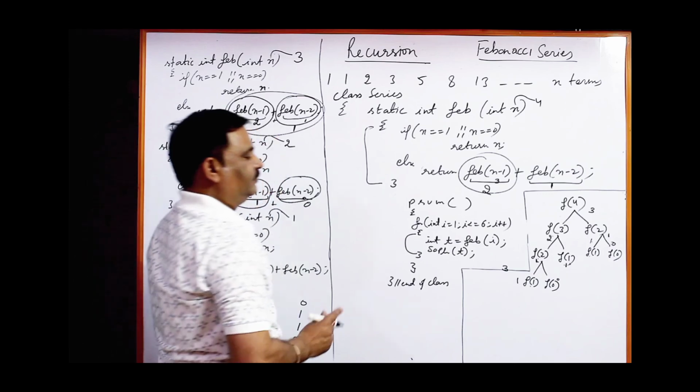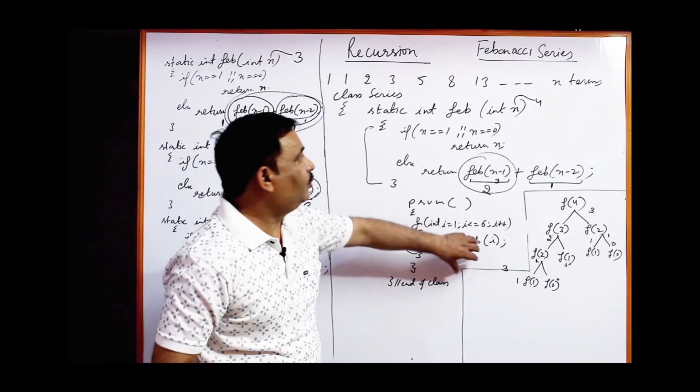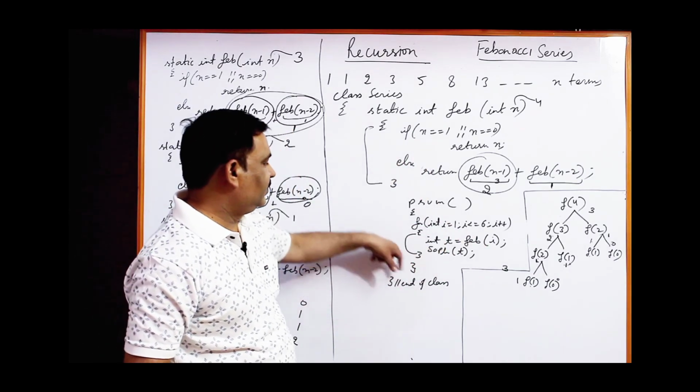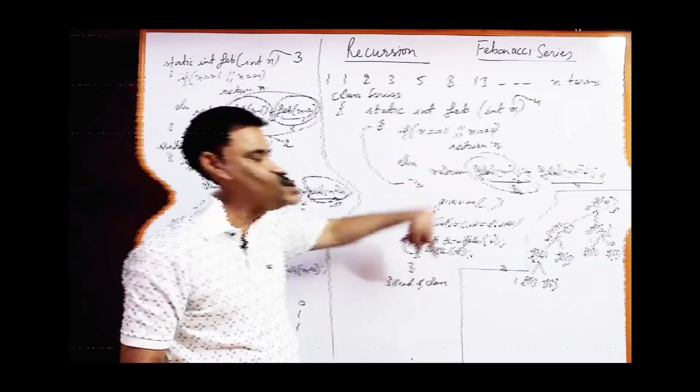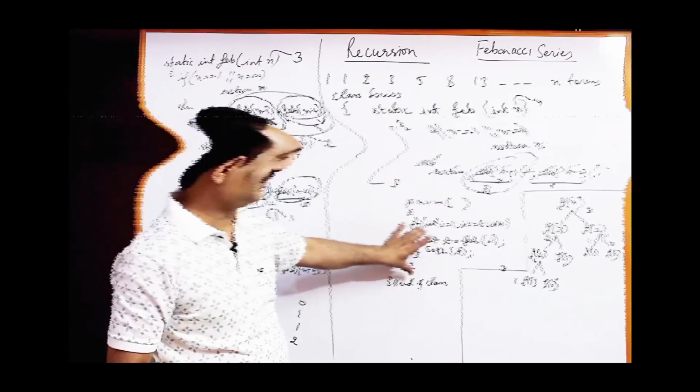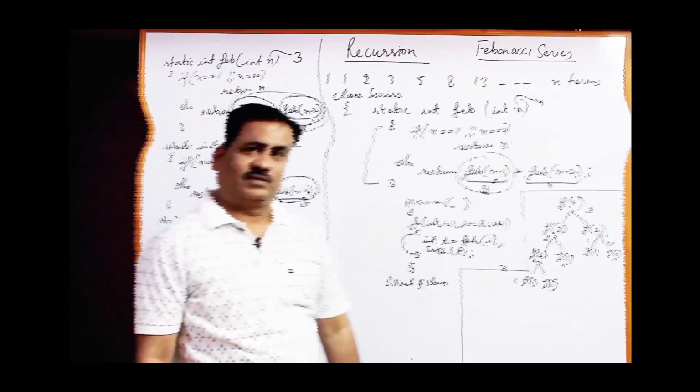This is the loop. So i is 1, when you pass 1, you will get the first term. When you pass 2, you will get the second term. When you pass 3, you will get the third term, and so on, you will get all the 6 terms. That's all.